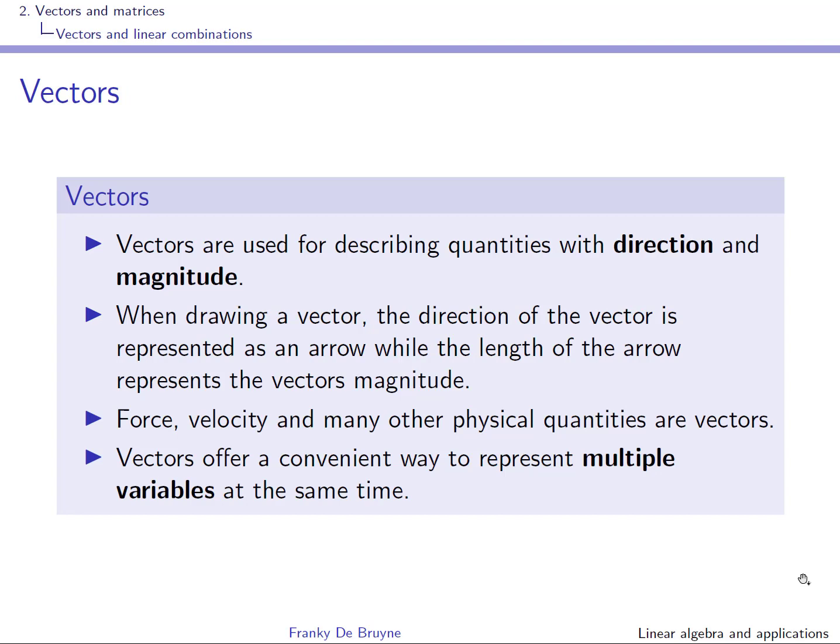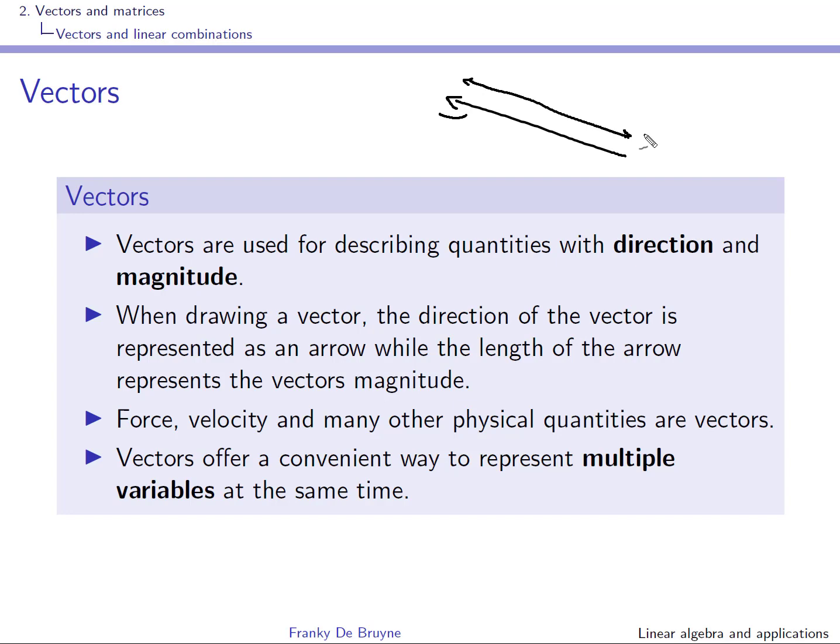Vectors are used for describing quantities with a direction and a magnitude. When drawing a vector, the direction is given by the arrow, and the length of the arrow is the magnitude.